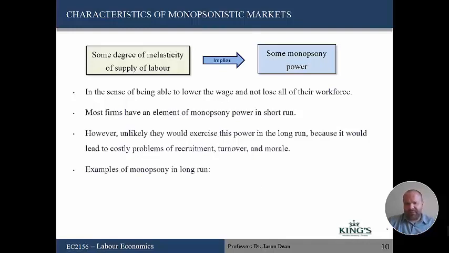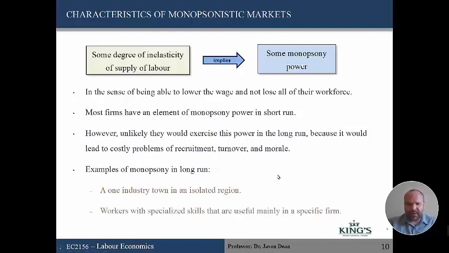There are some examples of monopsony in the long run that are popular, such as an industry town in an isolated region. So for example, there's maybe a very large nickel mine in a small community, and in that case that firm would be considered a monopsonist.